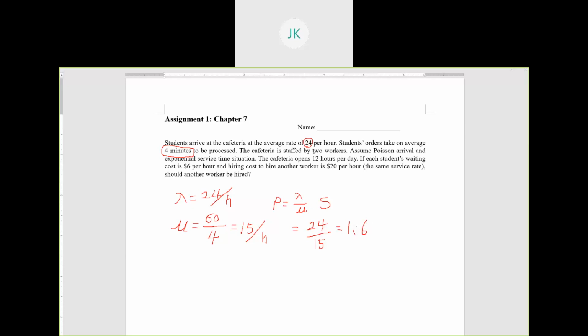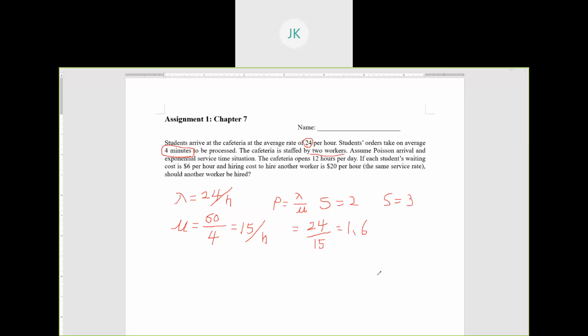And currently 2 workers work, so S is 2. And then the question: should another worker be hired? If one more worker is hired, then S, the number of servers, will be 3.